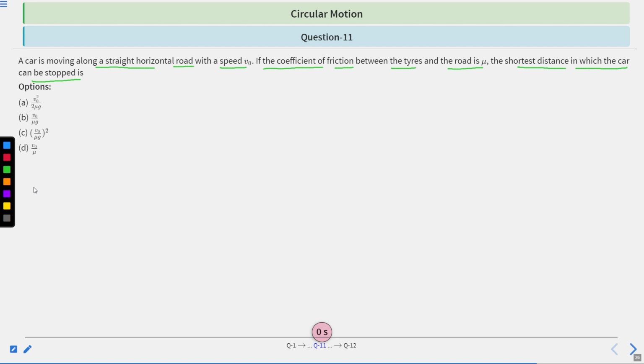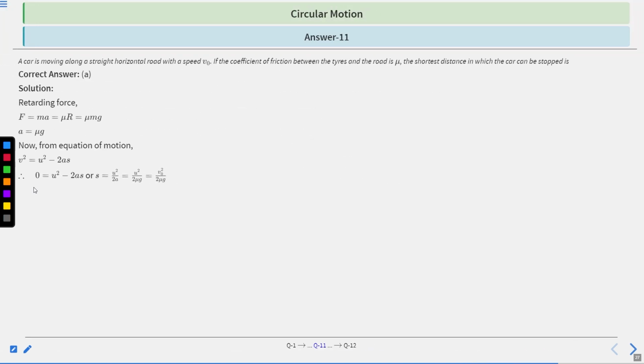Let's find a solution. We know the retarding force F equal to ma, which is equal to mu R, equal to mu mg, where a equal to mu g. Now for the equation of motion, v square equal to u square minus 2as.